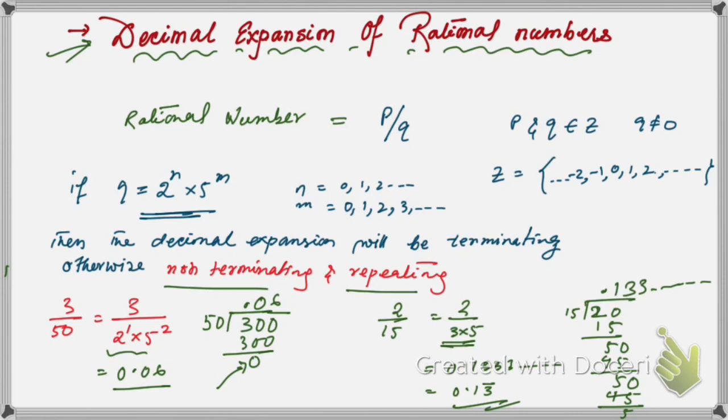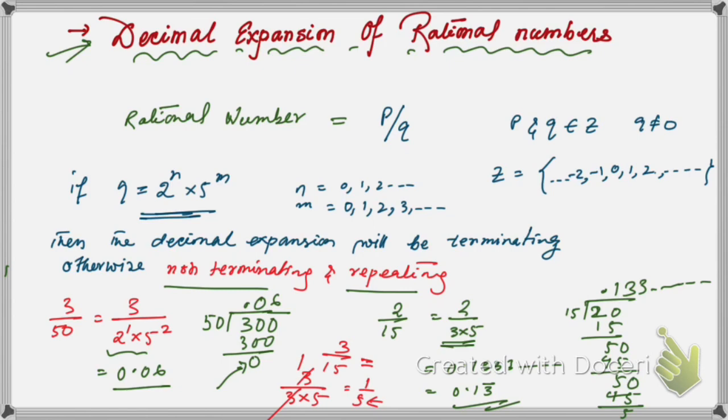So again, one more thing that you should know. Suppose you have the number 3 by 15. So this is terminating. Let me tell you why. Though you see 3 by 15, you can write this 15 as 3 into 5. Now this 3 can cancel the 3 in the numerator, so it's going to be 1 by 5. So we are getting 5 only. Then it is terminating. If you divide 1 by 5, then you should get 0.2, right?